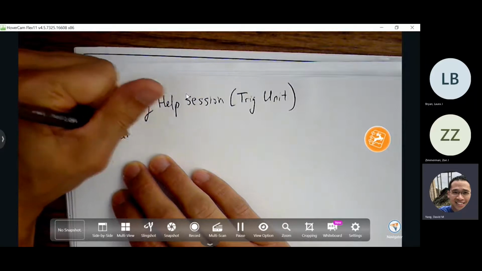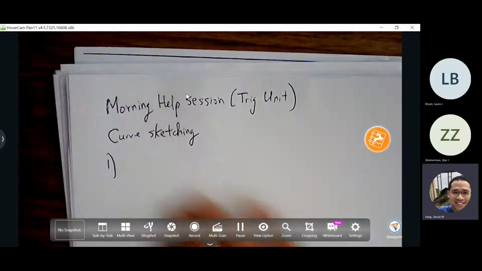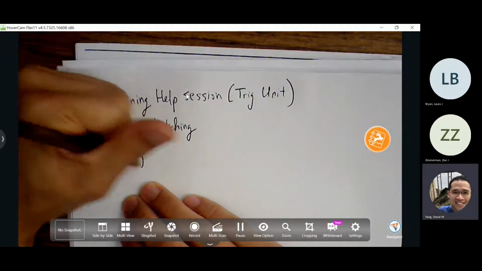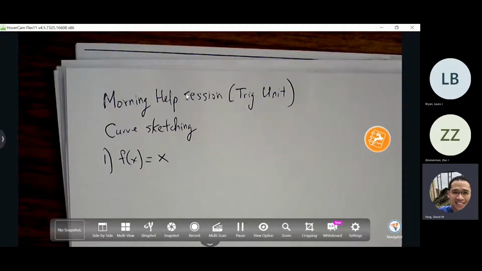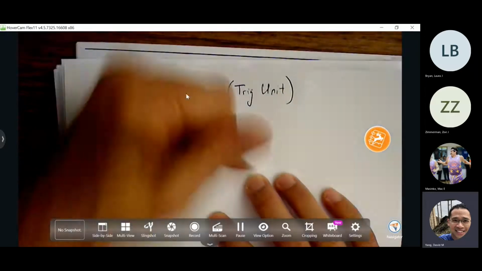Okay, let's start off with curve sketching. Let me see, hold on. Okay, let's try this.